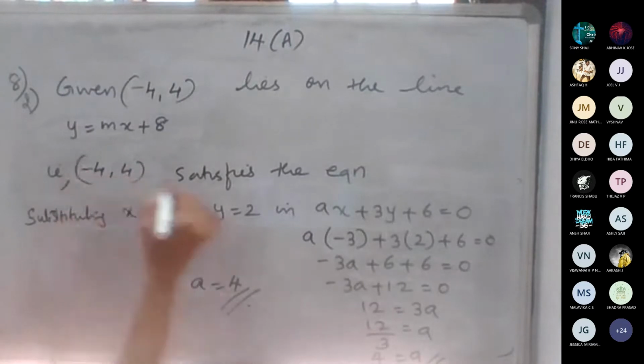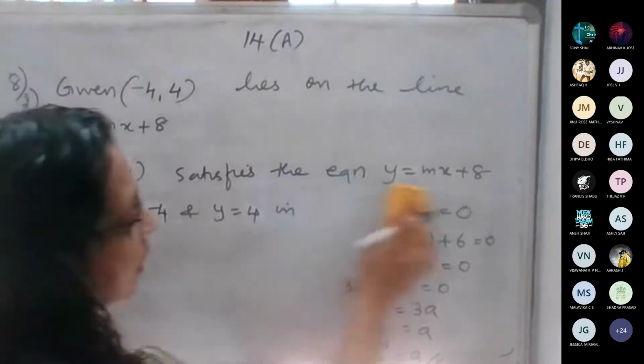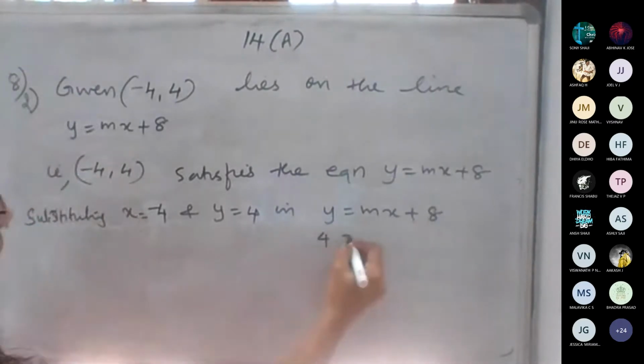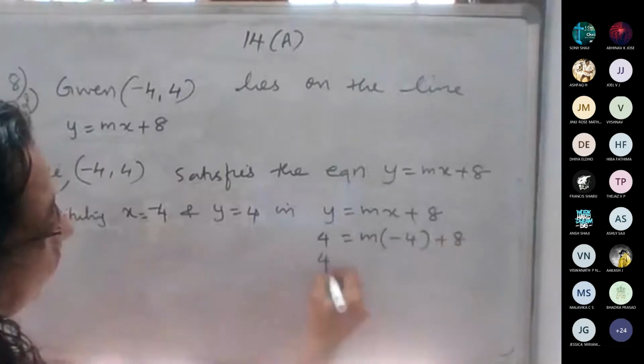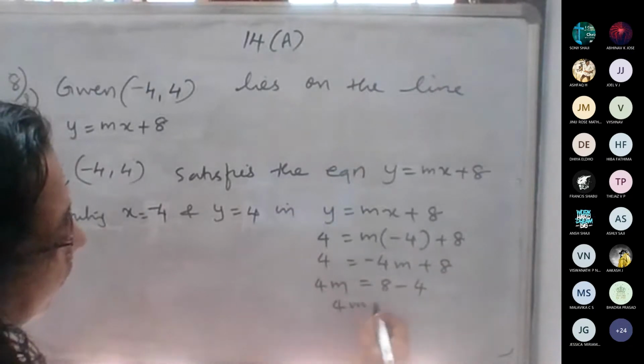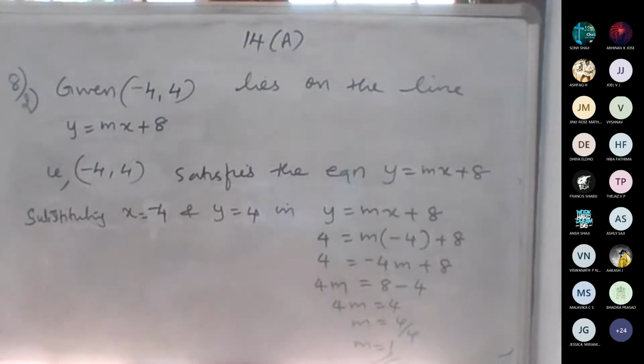So substituting x is equal to negative 4 and y is equal to 4 in this equation, we will get m is equal to 1.